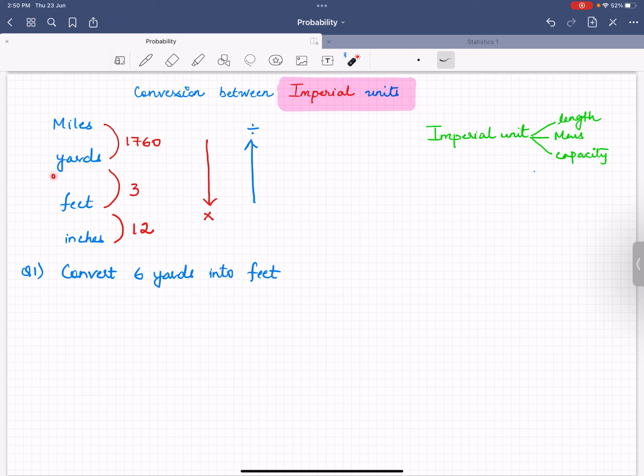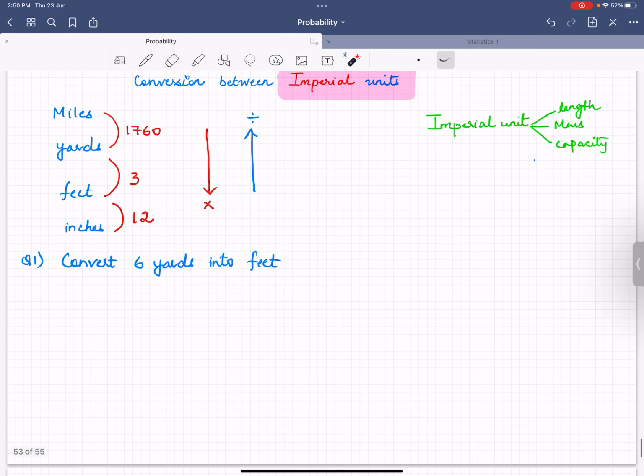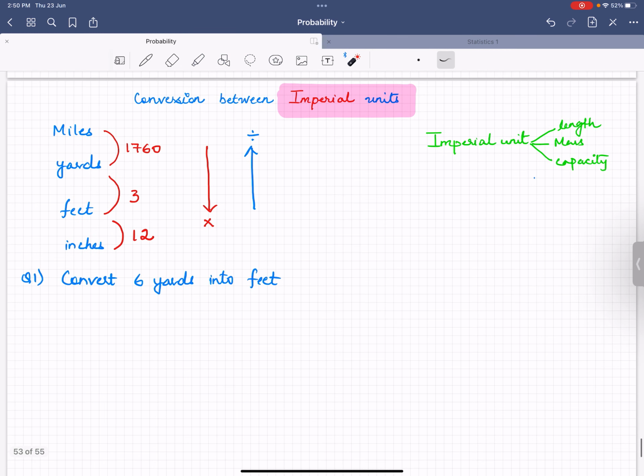So we are going one step down. And as we discussed, when we go down, we multiply. So by what number we multiply when we go from yard to feet? We multiply by the number 3. So to calculate 6 yard into feet, we will do 6 multiplied by 3, which is equal to 18 feet.